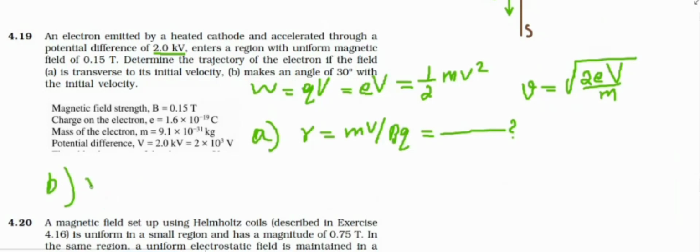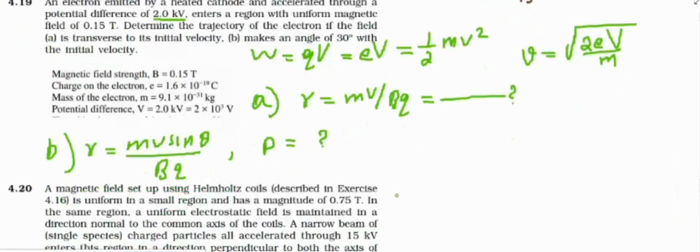When it is in a helical path, again the radius of the helix will be m v sin theta by Bq, where theta is equal to 30 degree. You can find the pitch of the particle also. It is not specifically mentioned there, still, you can find the pitch also.